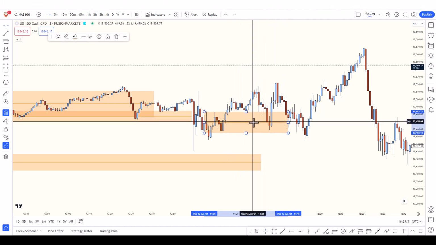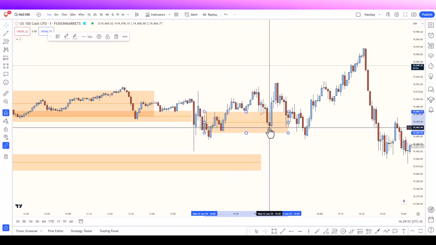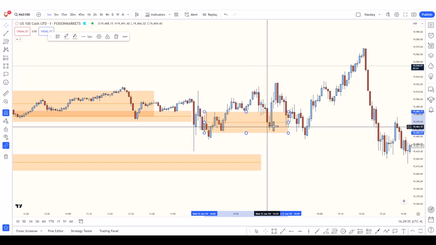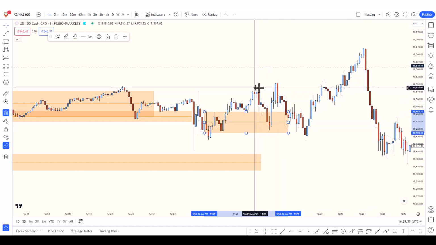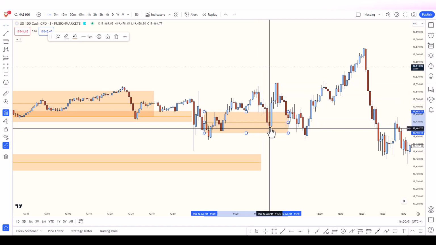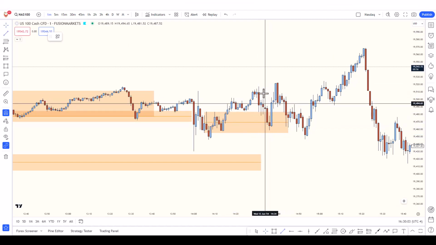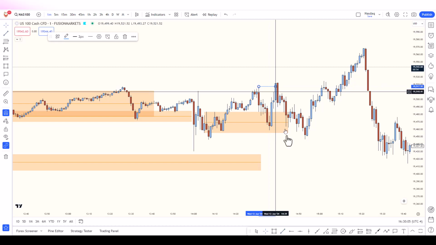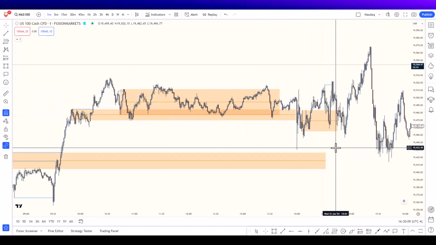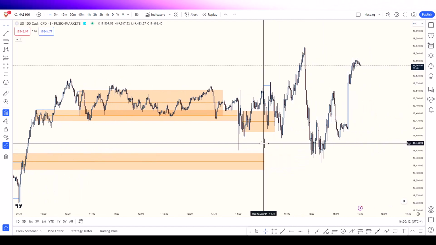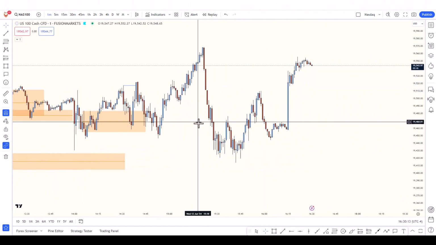We want price to trade lower than the 50%. That's our entry, and we target the last high that made the mitigation, like here. So price did that.